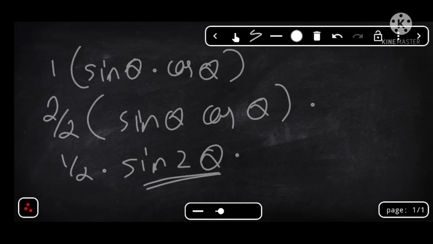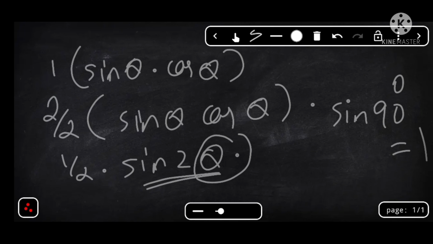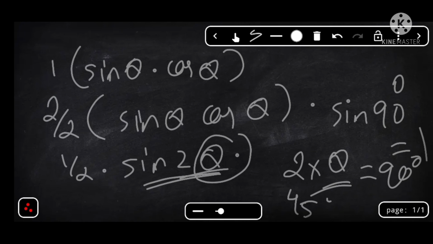For sin 2 theta to be 1, theta has to be 45, because we know sin 90 degree gives us 1. Here it is 2 theta, so 2 into a value should give us 90 degree. So theta should be 45. Then only we will obtain the maximum value of sin 2 theta.